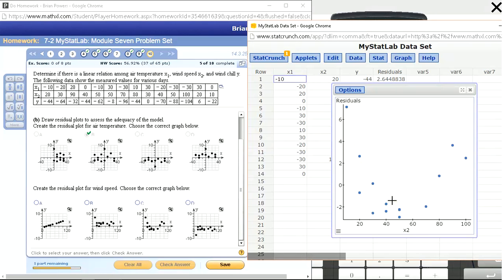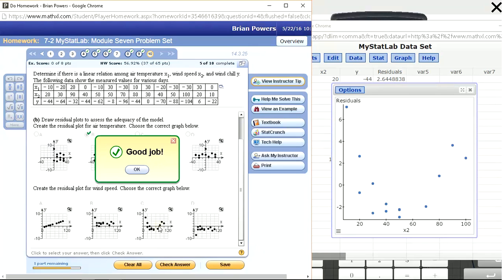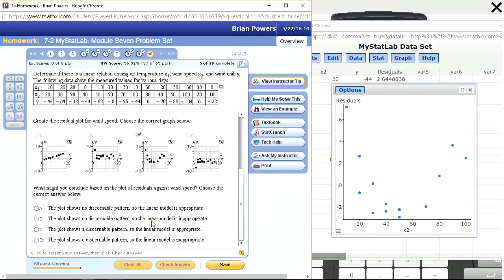This would be a red flag that says the relationship between wind chill and x2 is not linear. These residuals are not what you would see from a linear relationship. The plot shows a discernible pattern. This kind of curve is a discernible pattern, and so a linear model is not appropriate. That's what we would conclude from that.